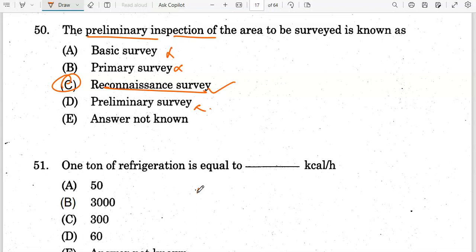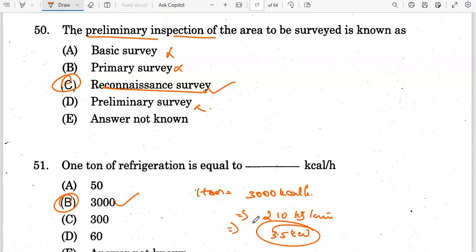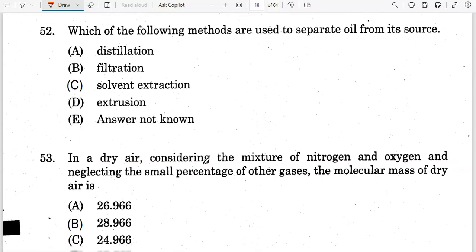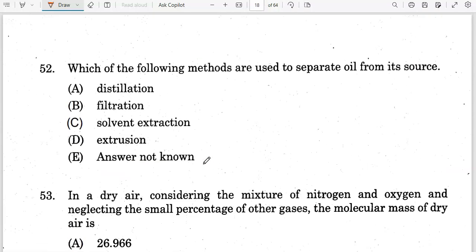1 ton of refrigeration is equal to 3000 kilocalorie per hour. Option B is the correct answer. 3000 kilocalorie or 210 kilojoule per minute or 3.5 kilowatt. Next question, which of the following methods are used to separate the oil from its source?